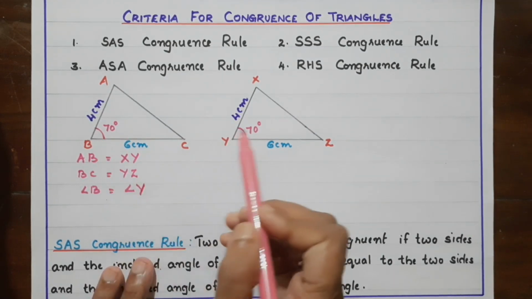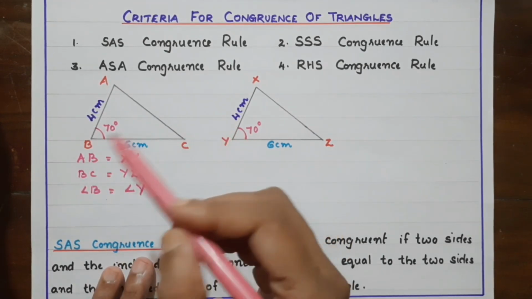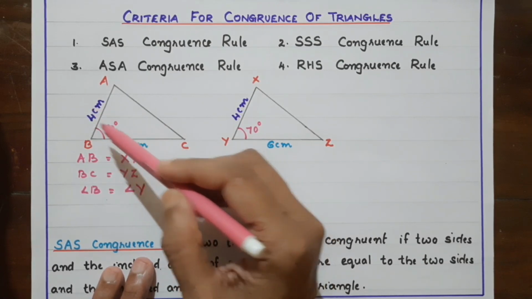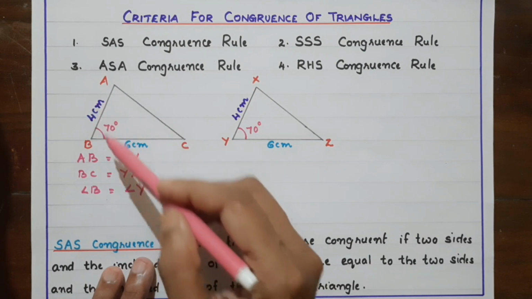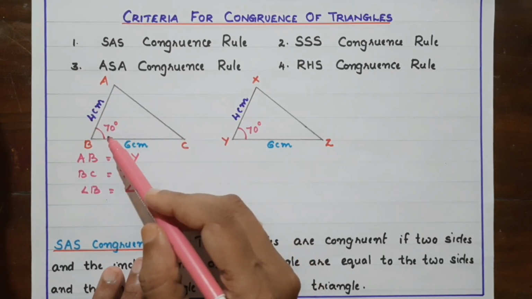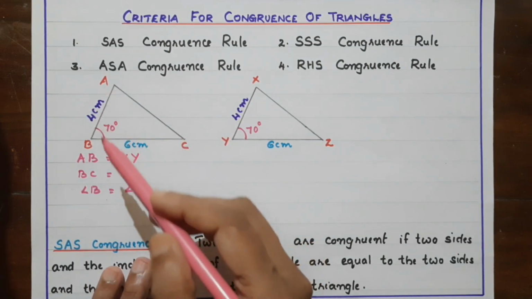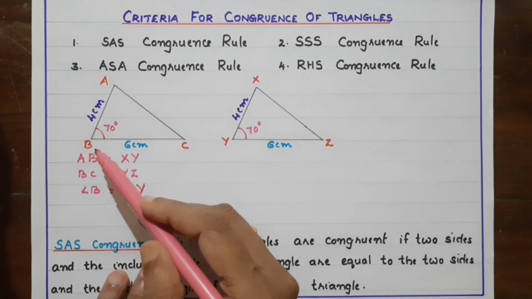What is called the included angle? Which sides have we taken? The angle between those two sides we call the included angle.